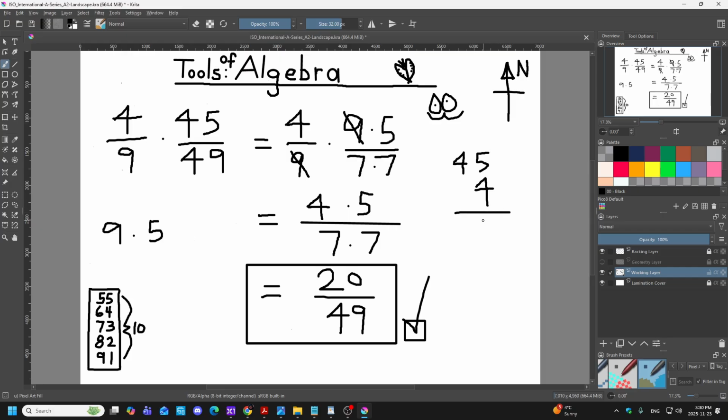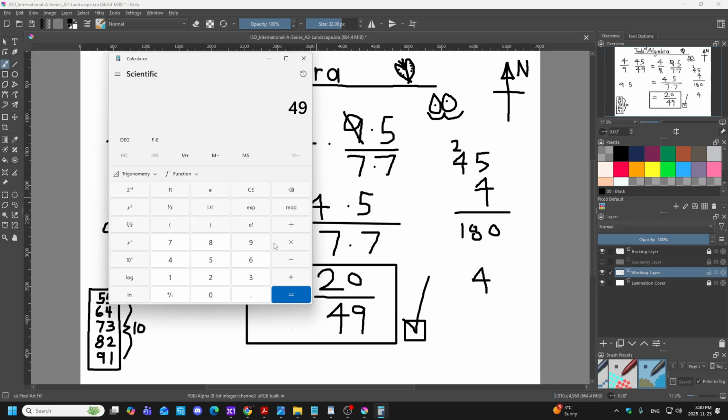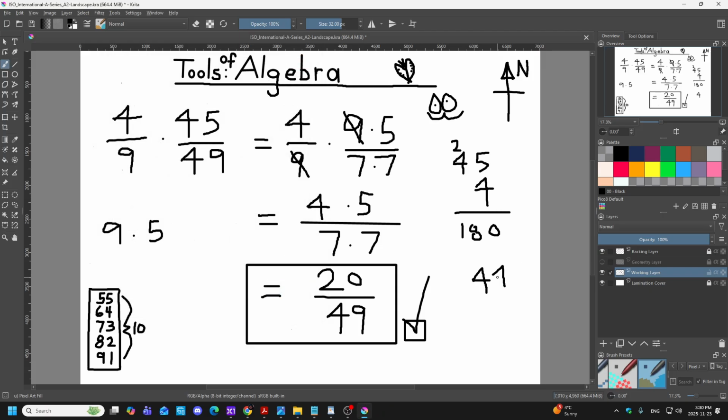That's 20, carry the 2, 16, 18. So we would have 180 over whatever 49 times 9 is. 49 times 9 is 441. So you would literally look at these numbers you have to reduce. Which is better? You tell me. Which would you rather do?